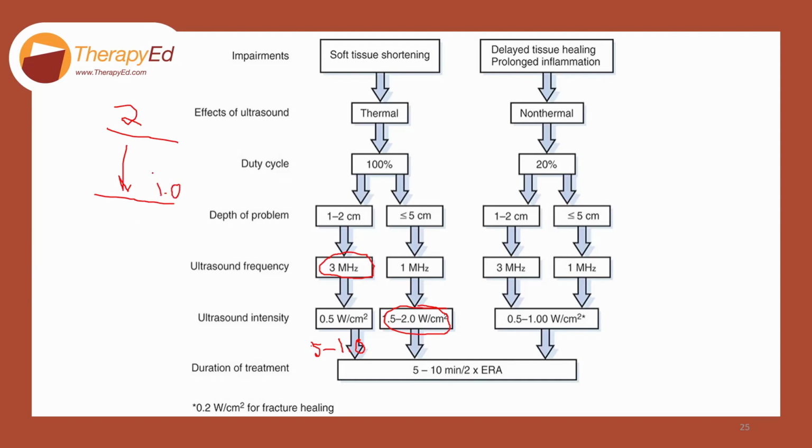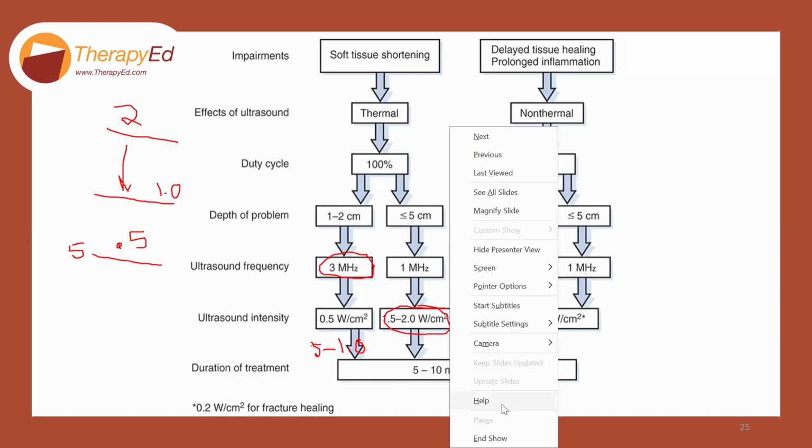The ultrasound is scattered and absorbed. And if you're trying to get down to the full depth at the base, which would be 5 centimeters, you really end up with about 0.5 watts approximately per centimeter squared. It may be more, it may be a little bit less, but it's somewhere around that. So that's really how you choose the intensity.